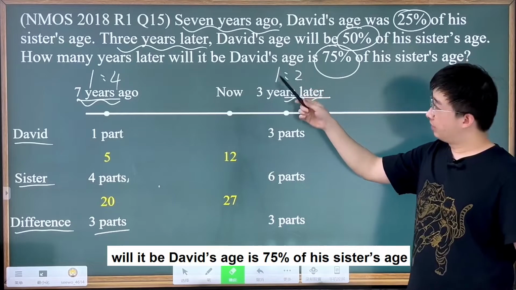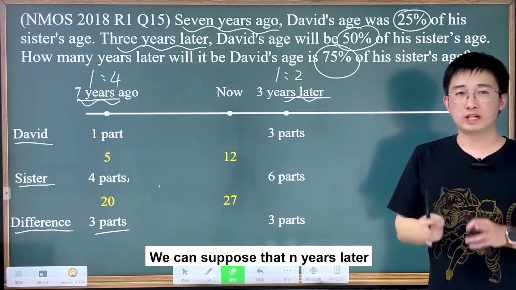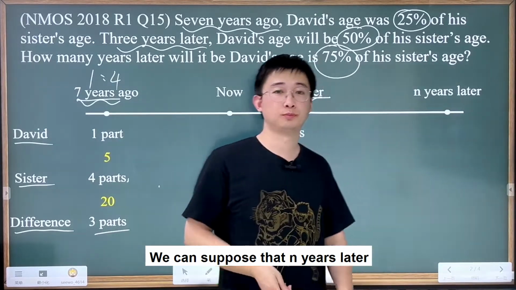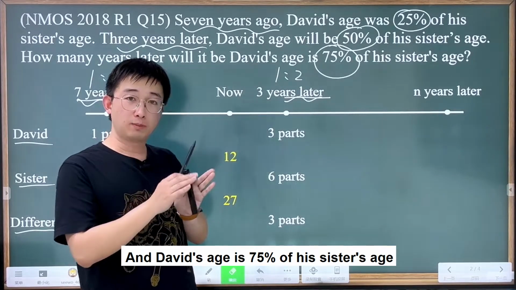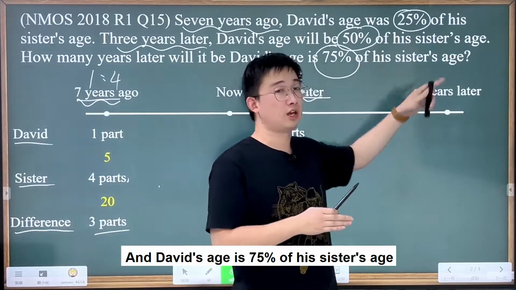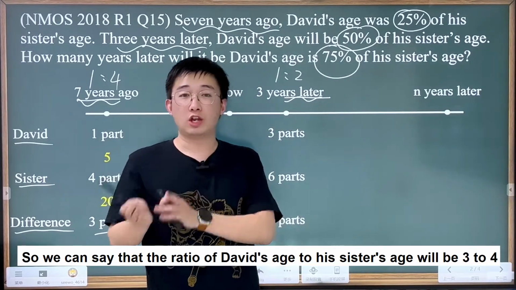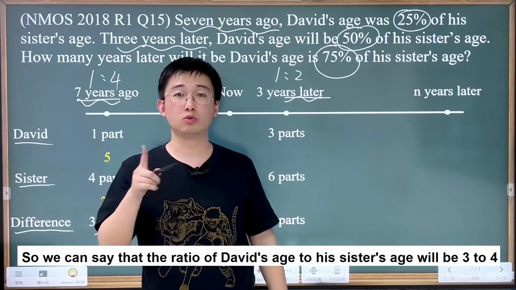David's age is 75% of his sister's age. We can suppose that n years later, David's age will be 75% of his sister's age. So we can say that the ratio of David's age to his sister's age will be 3 to 4.